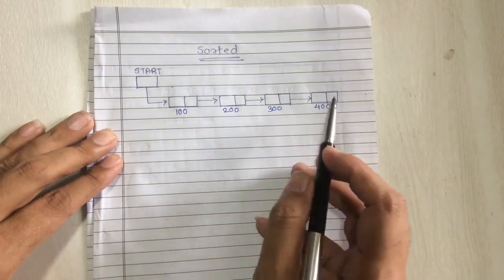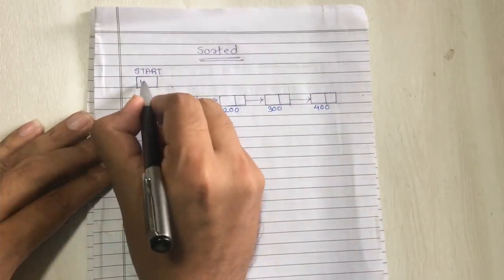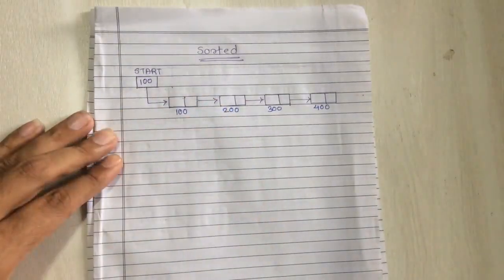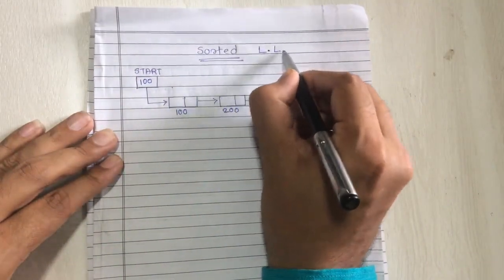As of now I have used only 4 nodes. So start will hold the address of the first node. Remember, as I said, this linked list is a sorted linked list.